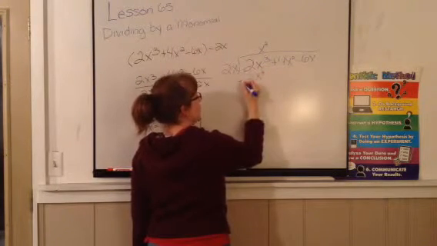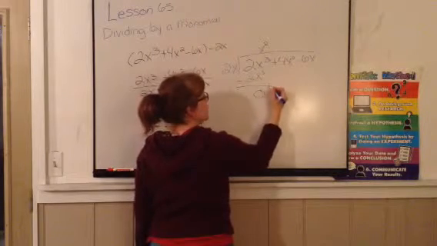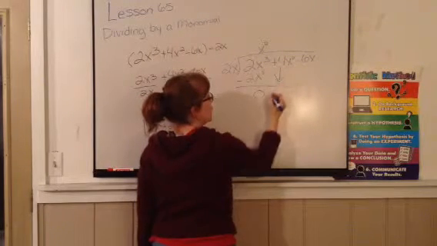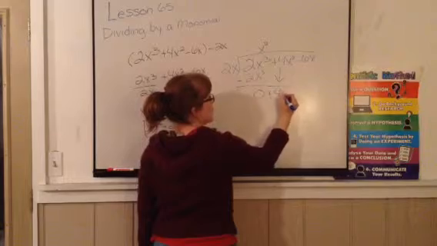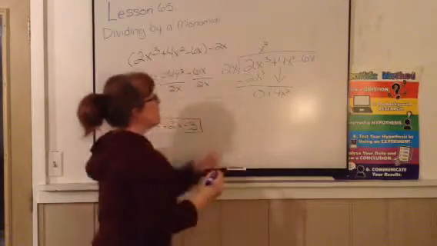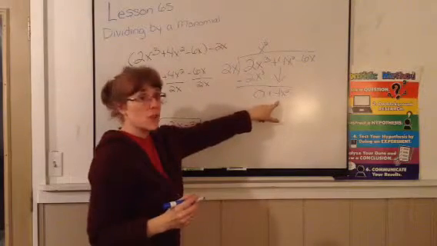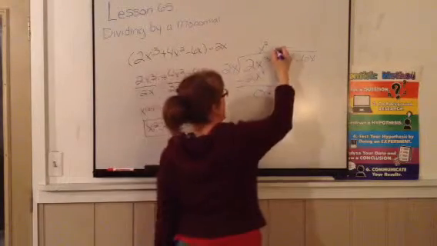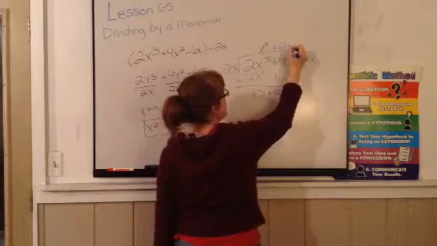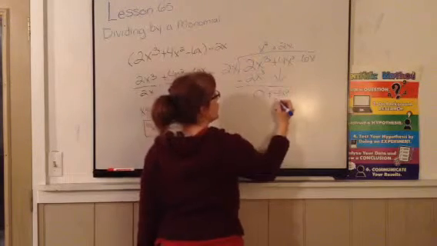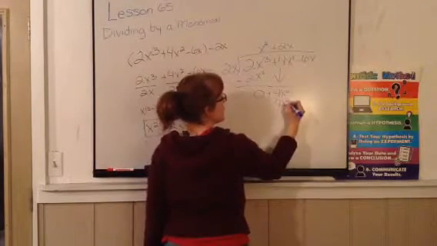I'm going to subtract that out. That gives me a 0. And I'm going to bring down my 4x squared. So 2x goes into 4x squared 2x times. So I'm going to add a 2x, because 2 times 2 is 4, and x times x is x squared.